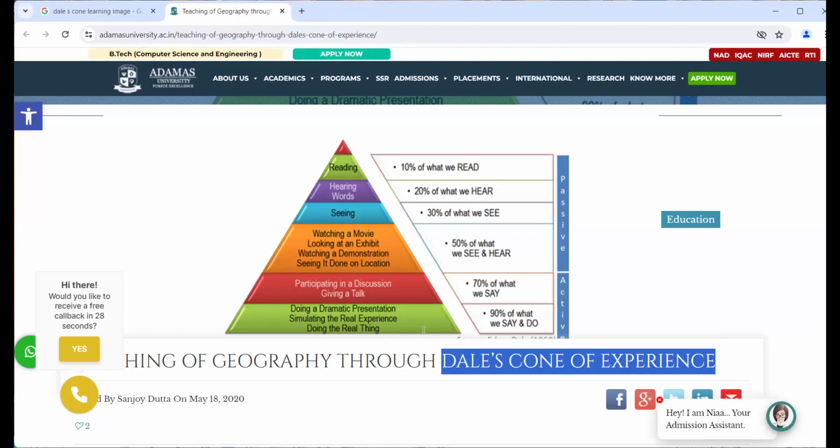But if the learner reads the text, does the activity, transfers the information, and explains it to the class, they remember 90%. Is it okay? Yes, ma'am.